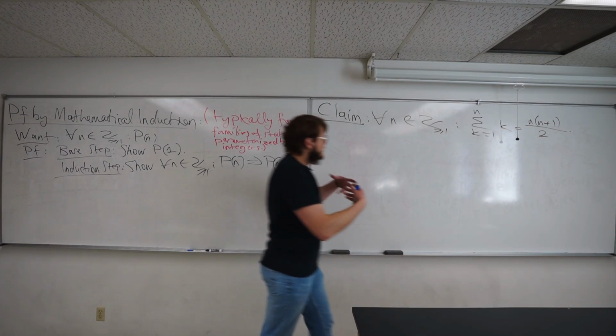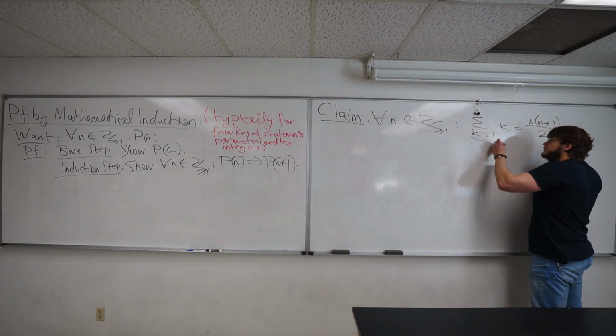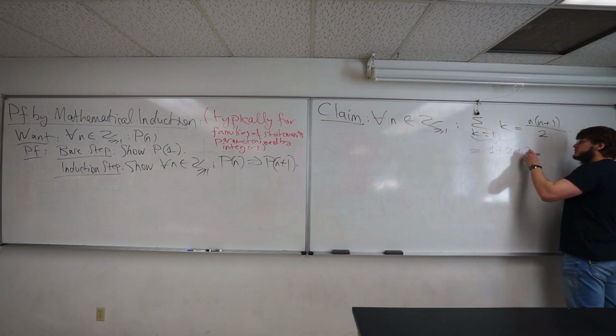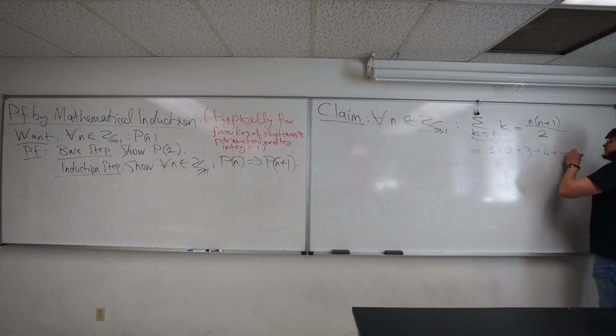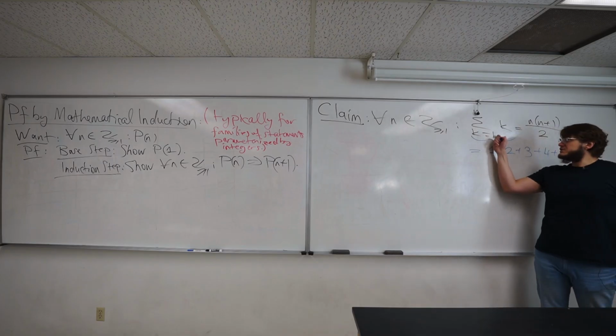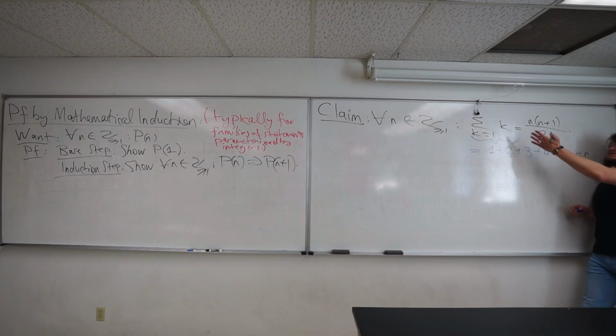If you want to be more explicit, you can write it like so: 1 plus 2 plus 3 plus 4 plus dot, dot, dot, all the way up to n. You start from the lower limit and go all the way up to the upper limit. This is pretty much like a discrete integral, if you want.